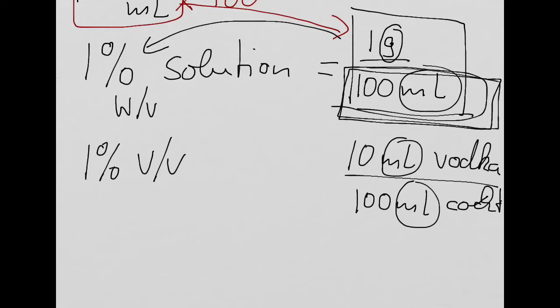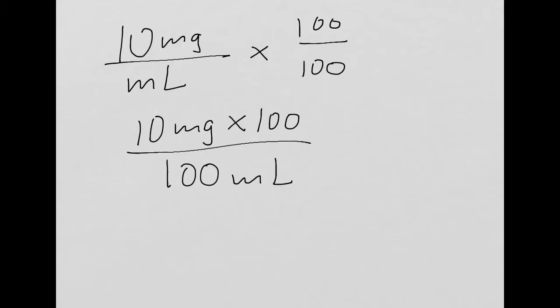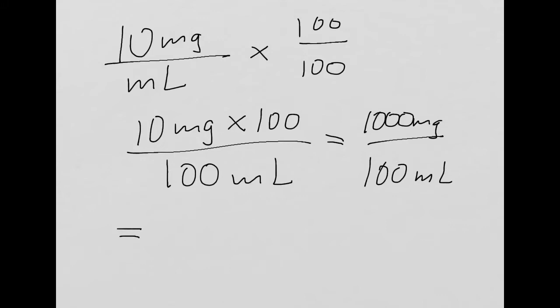Yeah? So all we need to do is calculate what is 10 milligram times 100. What's that? Louder? 1,000 milligrams. Thank you. 1,000 milligrams per 100 milliliter, or 1 gram per 100 milliliter.